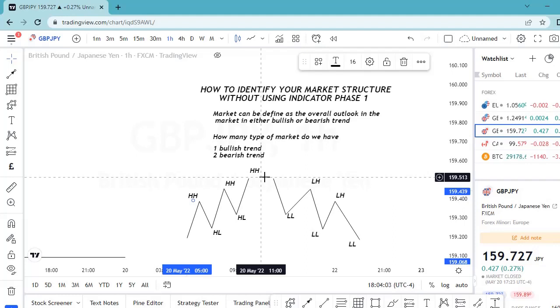There is no mentor you run to that will not tell you to go and learn market structure first, before thinking to apply your strategy. Whether you trade smart money, divergence, any concept of trading, if you go for mentorship class, that is the first thing they will tell you: go and understand market structure, go and understand how the market moves.